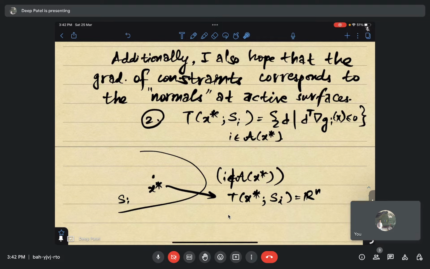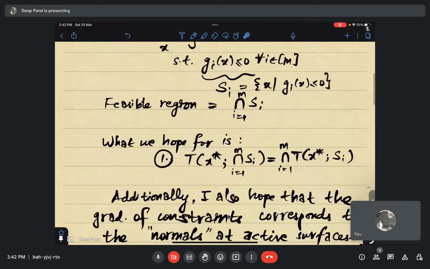But anyways, the spaces are themselves subspaces of Rn, right? So it doesn't matter if we are taking the intersection with the whole space. Correct. So let me modify this intersection over I, where I corresponds to the active constraints.